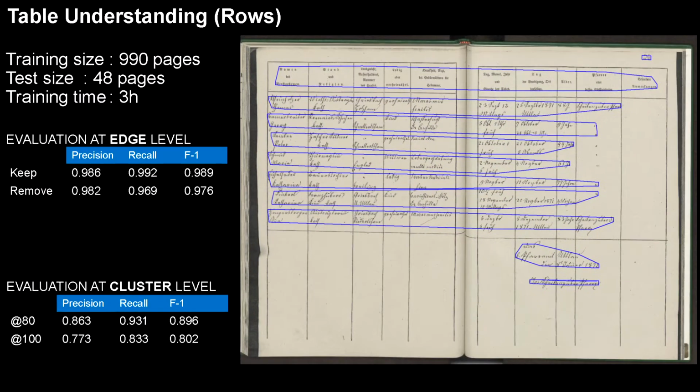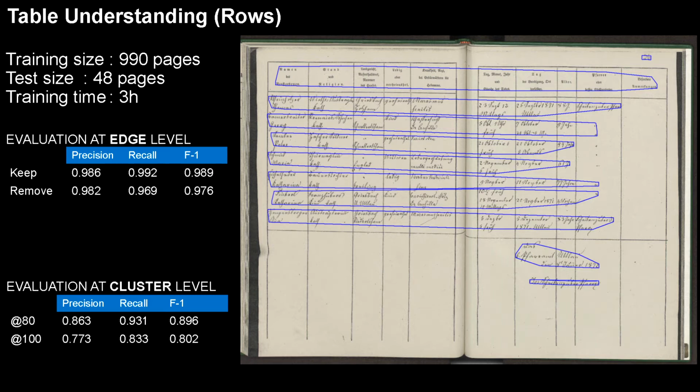For this specific dataset, here you see an outcome. We are able to extract 8 rows out of 10 in a very reliable manner for the full collection. We are still working on the technology, so we should be able to improve the results.